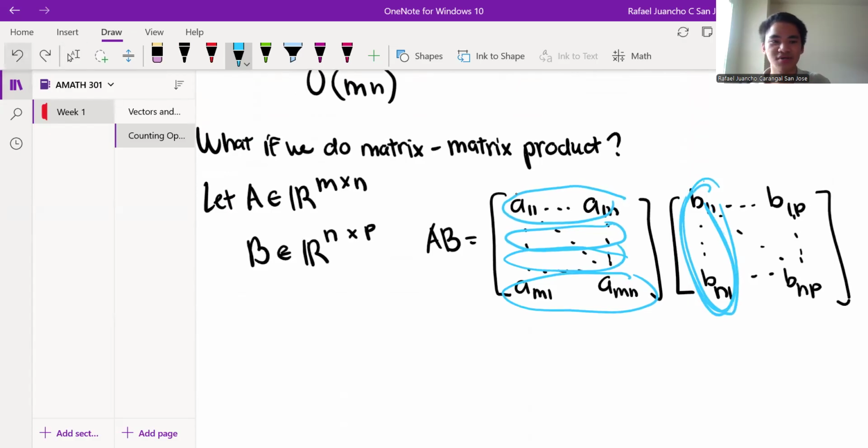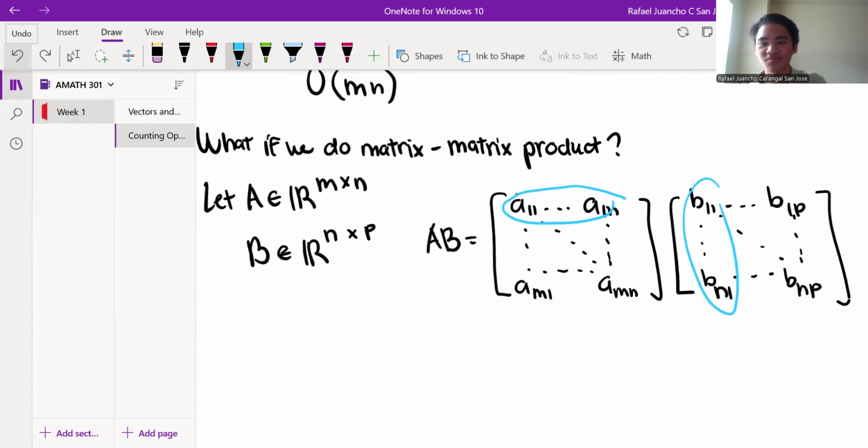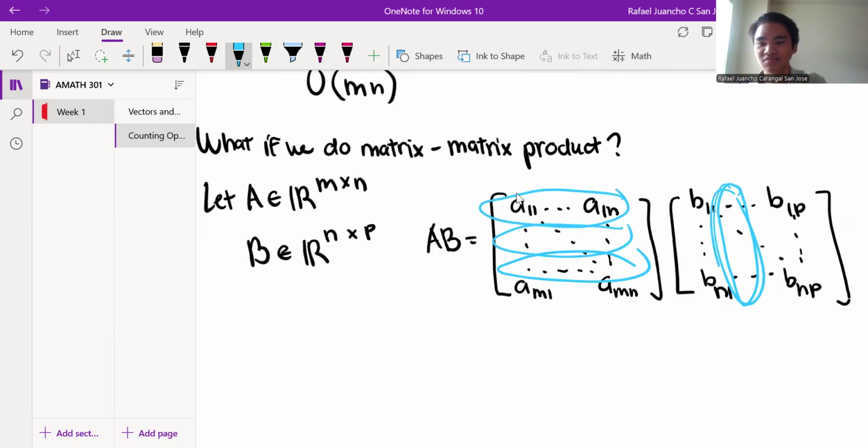So that's how many times? M times 2n minus 1 times. What's next? Now we're moving on to this column. We do it again. So this times that, this times this, this times this. How many times did we do that? We did that twice now, right?